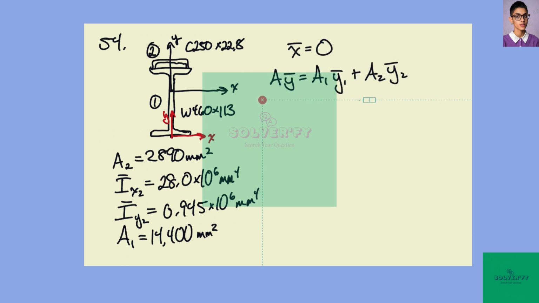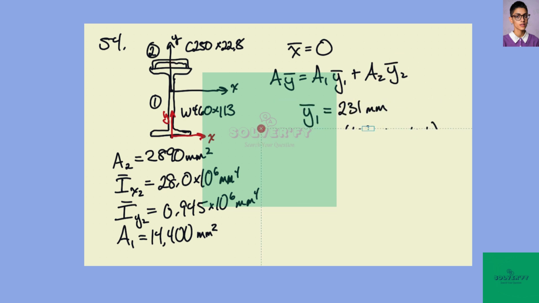Now I've defined an axis down here to try to figure out where the centroid is. We know the total area, and we can find the distance from here to the centroid of the I-beam, and the distance from here to the centroid of the C channel.